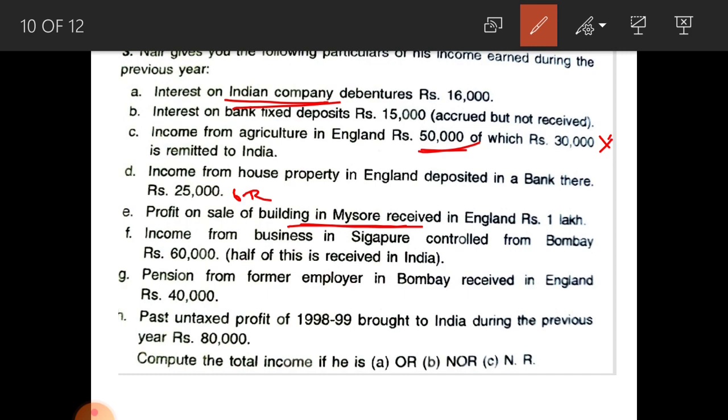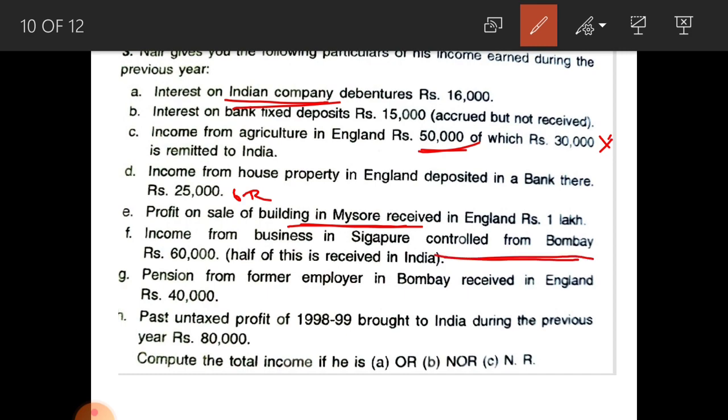Next one, income from business in Singapore, controlled from Bombay, rupees 60,000. Half of this is received in India. Here an ordinary resident must pay tax on the entire 60,000 and a not ordinarily resident must also pay tax on the entire 60,000, because this business is controlled from Bombay.